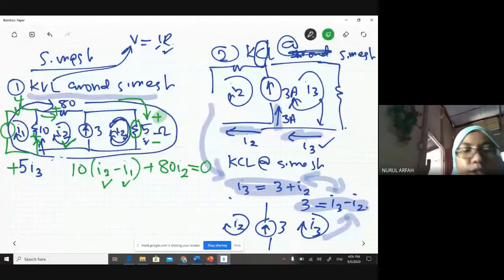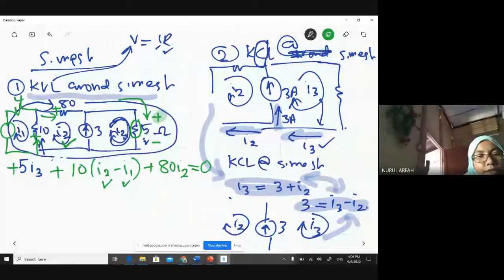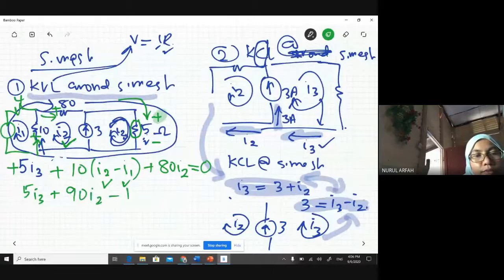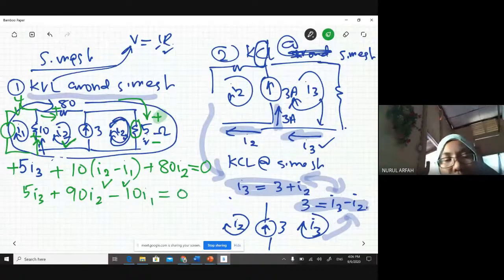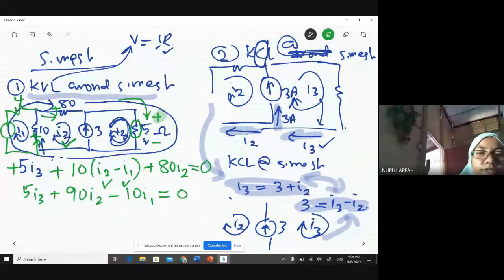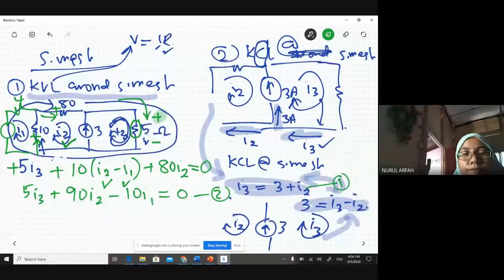Alhamdulillah. Okay, and then you simplify this one, 5I3 plus 10I2 plus 80I2, so you have 90I2 minus 10I1 equal to 0. Okay, so this is the second equation. The first equation is this one.